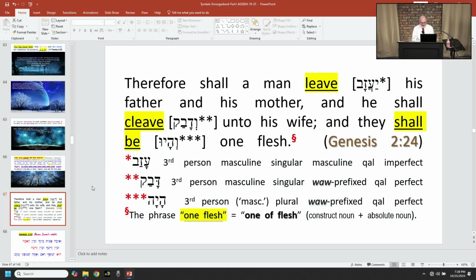Now the interesting thing here is, it doesn't say shall become one flesh. It says be one flesh. And this is that same verb for to be, haya.